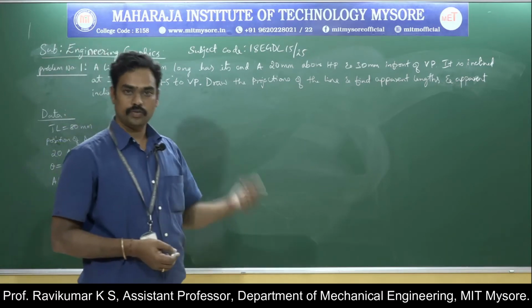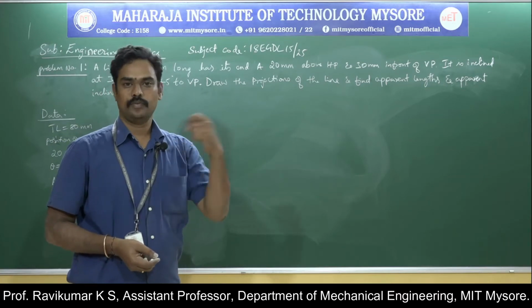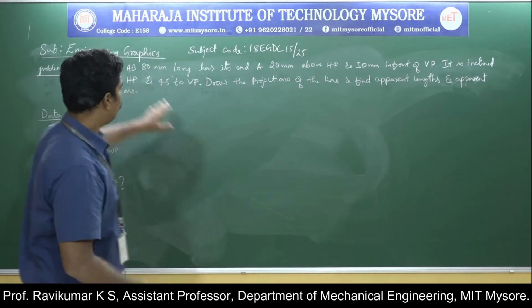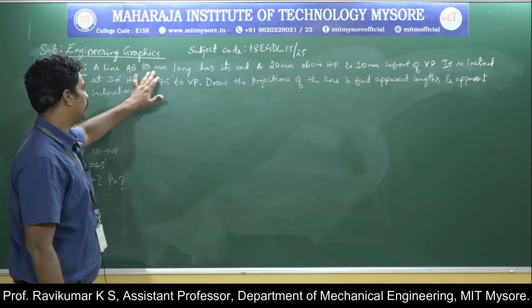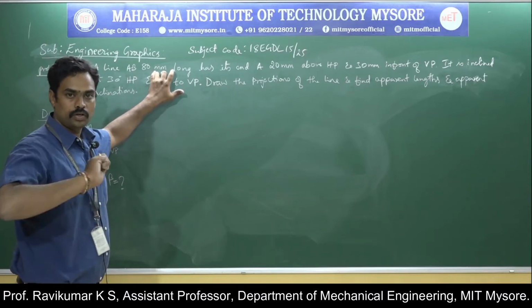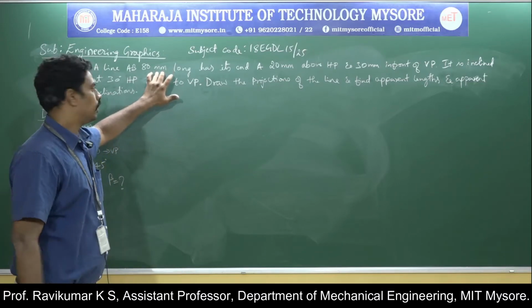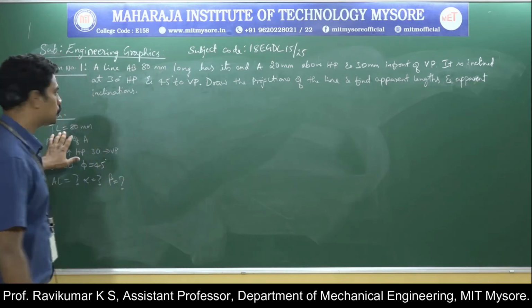So with respect to a view, if the dimension is given, it will be the apparent length. Here it is just given directly, a line AB 80 mm, so you need to consider it as true length. No views are associated with this length, so it is the true length.